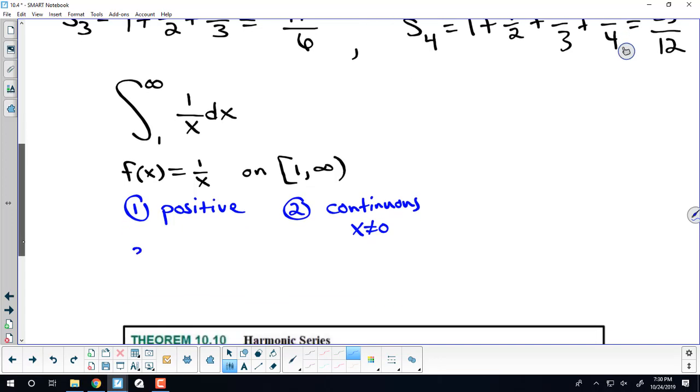And is the function decreasing? Yeah, the first derivative of that is negative 1 over x squared. Negative 1 over x squared is always negative.